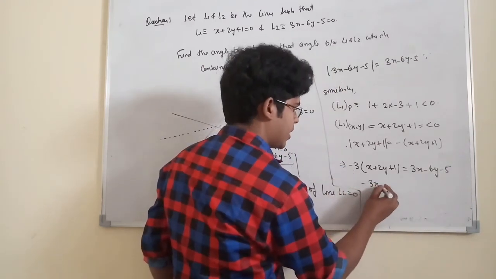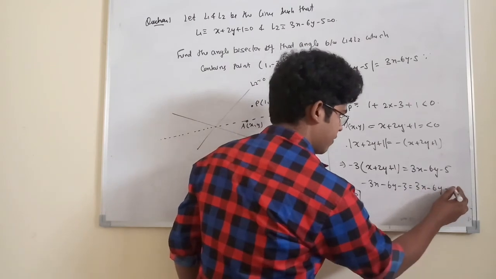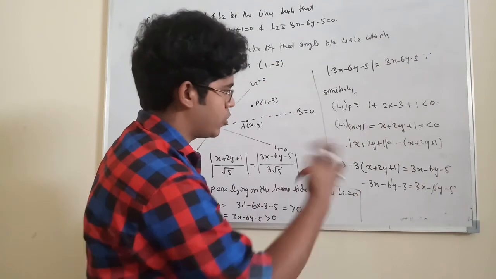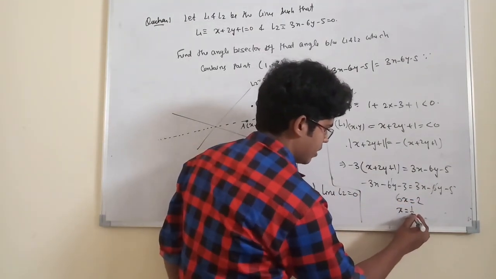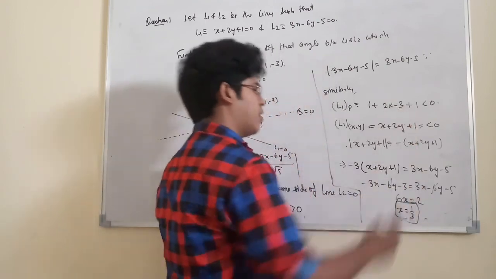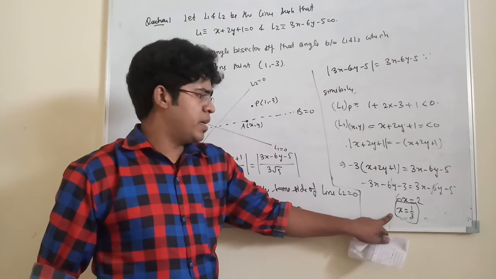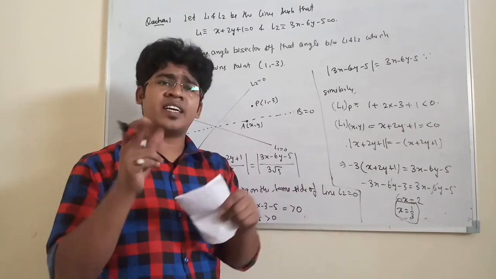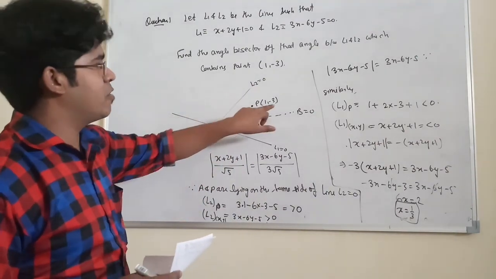It will be minus 3x minus 6y minus 3 is equal to 3x minus 6y minus 5. 6y cancelled, and it will become 6x is equal to 2, and x is equal to 1 by 3. This equation, x equal to 1 by 3, is a line parallel to the y axis passing through 1 by 3 comma 0. This is the line which is bisecting that angle between L1 and L2 which contains the point 1 comma minus 3.